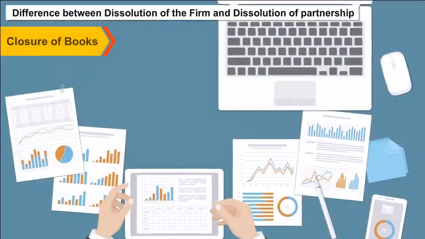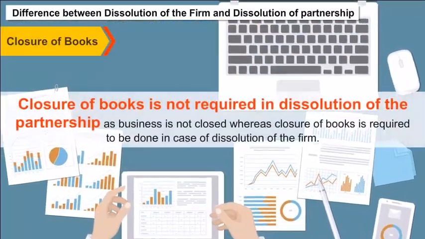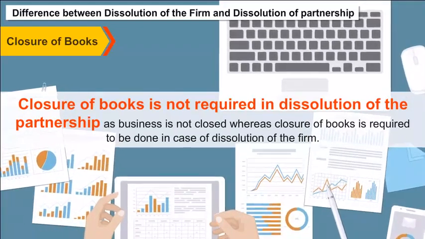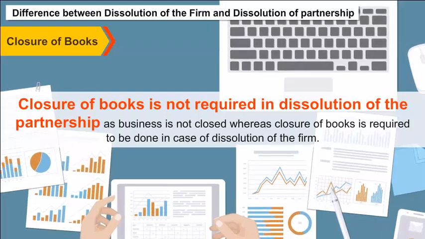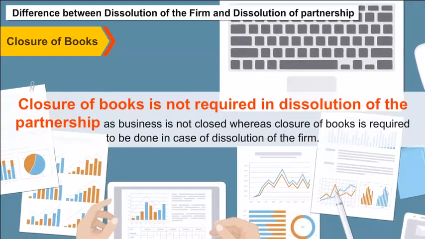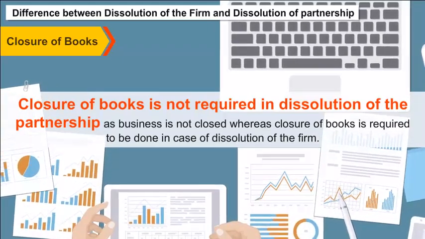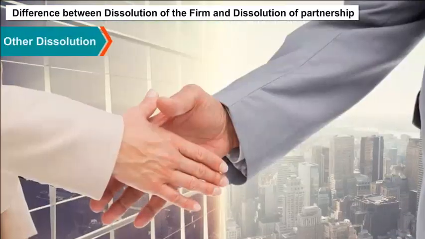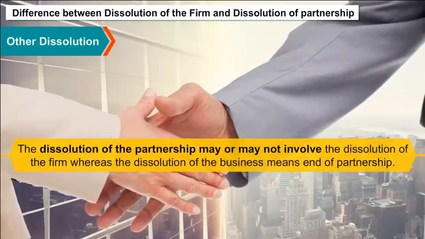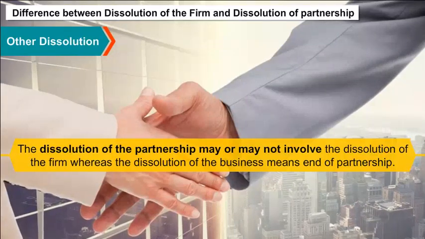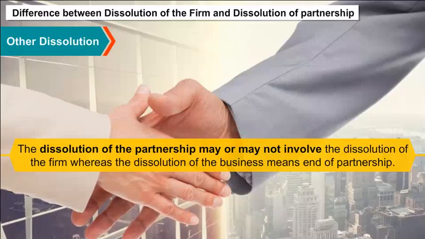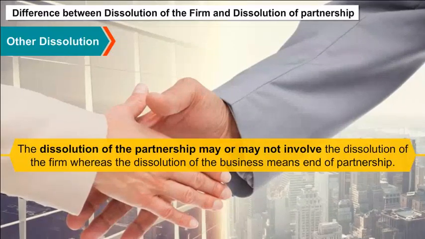Closure of books. Closure of books is not required in dissolution of the partnership as the business is not closed, whereas closure of books is required in case of dissolution of the firm. Other dissolution. The dissolution of the partnership may or may not involve the dissolution of the firm, whereas the dissolution of the firm means the end of the partnership.